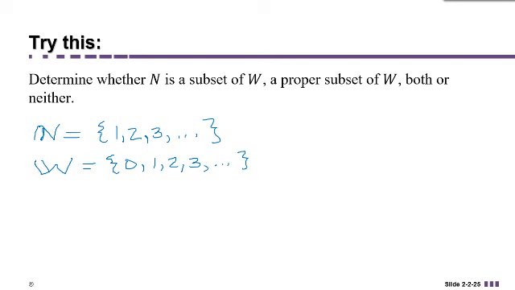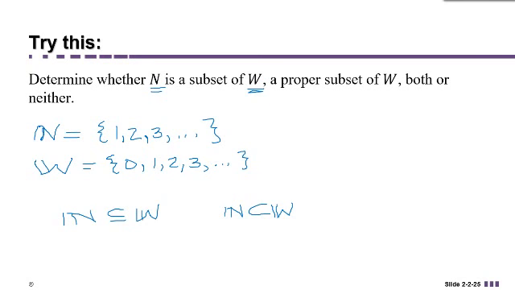All right, so now what are we being asked? We're being asked whether N is a subset of W. I'm going to write these down in symbols. So N being a subset of W would look like this. Whether N is a proper subset of W. Okay. Or both or neither. All right, so let's look at subset.